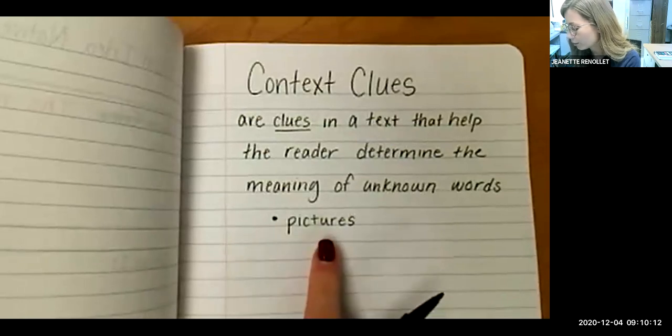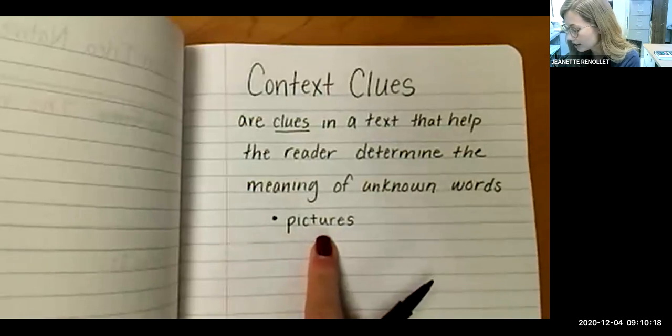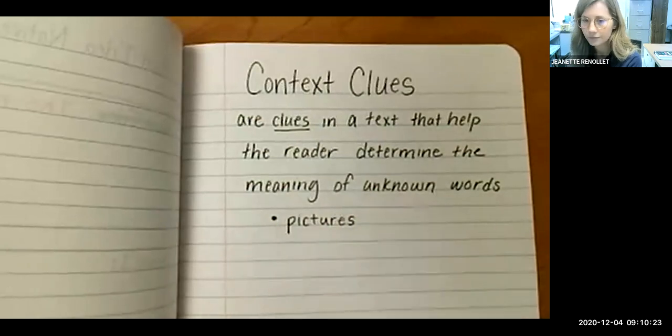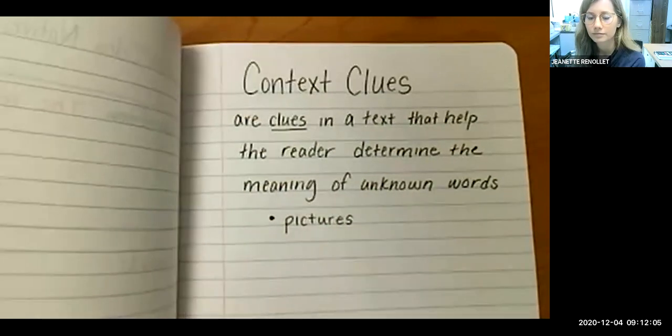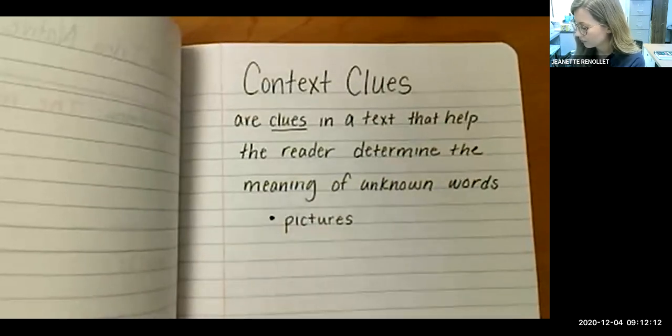If there are pictures in a text, they can help us determine the meaning of unknown words. We know that pictures are a helpful clue we can use to help us determine words we don't know.